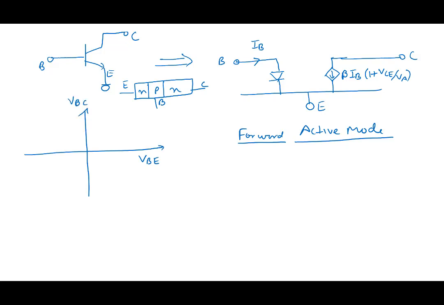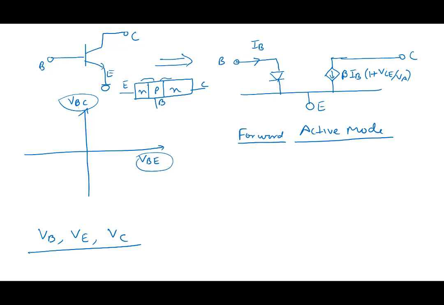There are three voltages here: VB, VE, and VC, which we can describe in terms of a base emitter voltage and a base collector voltage. The base emitter voltage describes the PN junction diode here, and the base collector voltage describes the PN junction diode here.